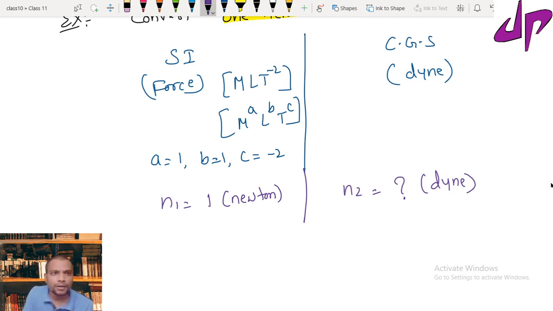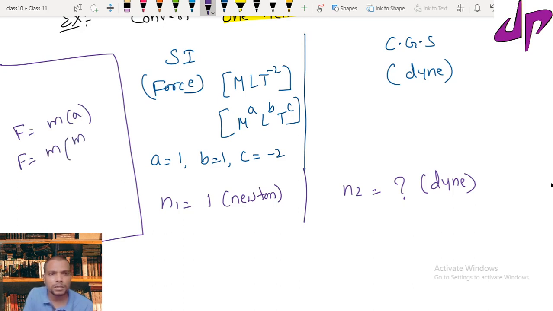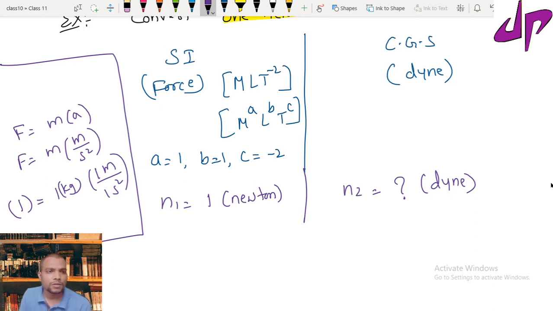If you know the force formula, force equal to mass times acceleration, and acceleration is meter per second square. On the left side, the force is supposed to be 1. So the mass also should be 1 kg, the length should be 1 meter and time should be 1 second. Then only we can define this as 1 Newton.